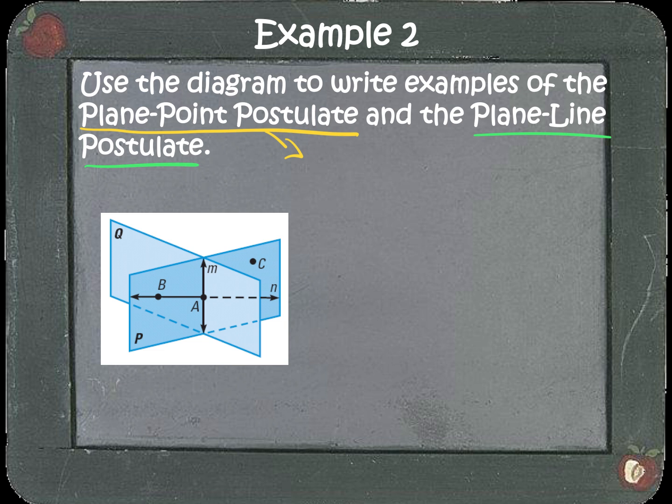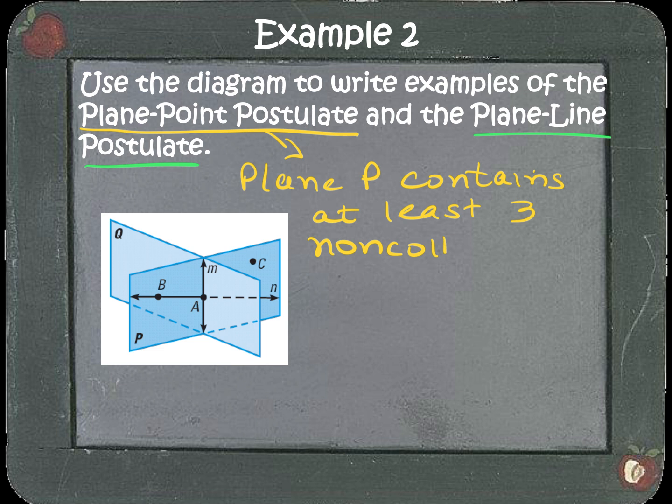So I'm going to look at my diagram, and I could state that plane P contains at least 3 non-collinear points, and I'm going to name those 3 points, A, B, and C. That would be an example of the plane point postulate using that diagram.